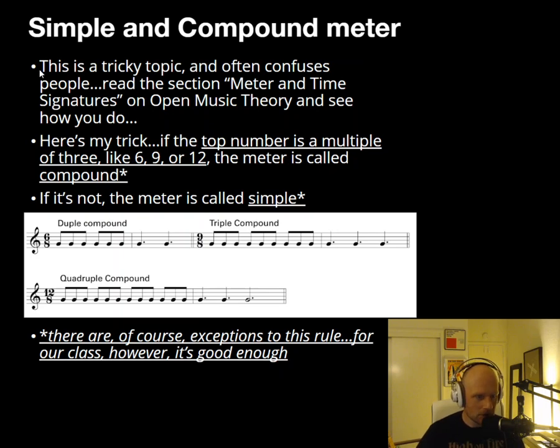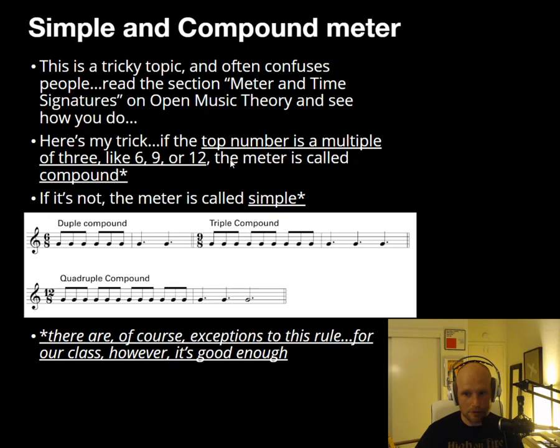So I write here, this is a tricky topic. Simple and compound meter is a tricky topic and often confuses people. My trick is hopefully simple. If the top number in the time signature is a multiple of 3, like 6, 9, or 12, as you can see, those are multiples, so 3 times 2, 3 times 3, 3 times 4, and on.